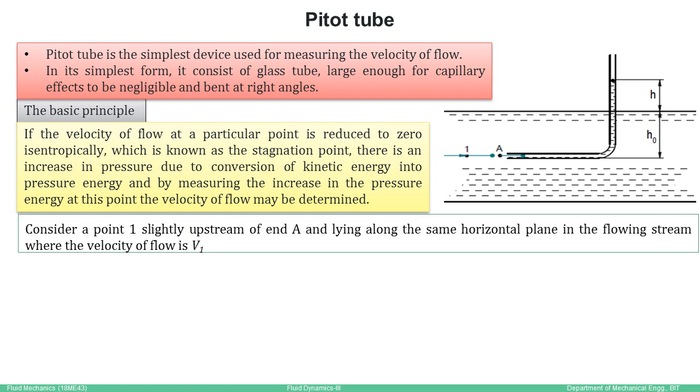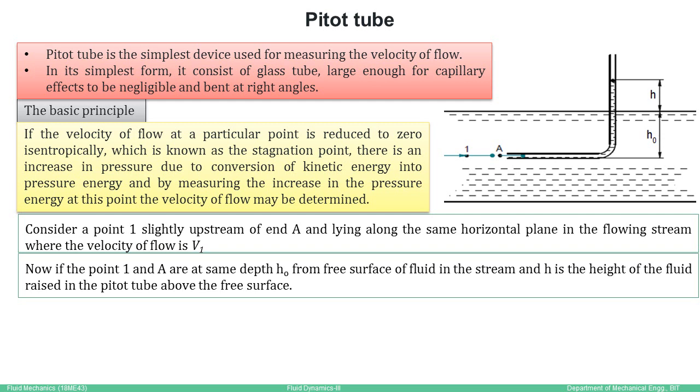So consider a point 1, which is slightly upstream of the point A, that is the very tip of the open limb, the limb which is open, exposed to the fluid flow and lying in the same horizontal plane. Remember, point 1 and point A lie in the same horizontal plane in the flowing stream, where the velocity at point 1 is v1.